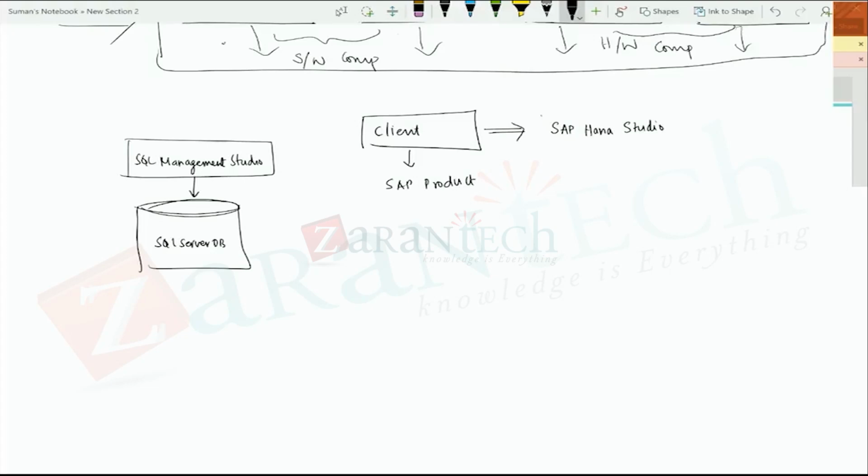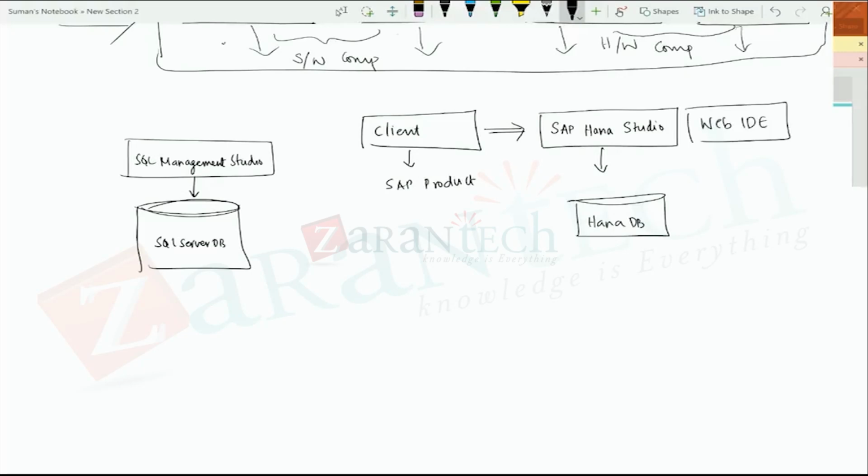Very similarly, you will use SAP HANA Studio to access your underlying HANA platform. We will also look at the web interface. You can either access your HANA database through the HANA Studio tool, or you can directly use a browser and access your HANA database system.